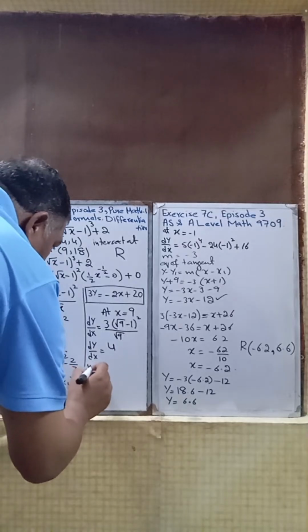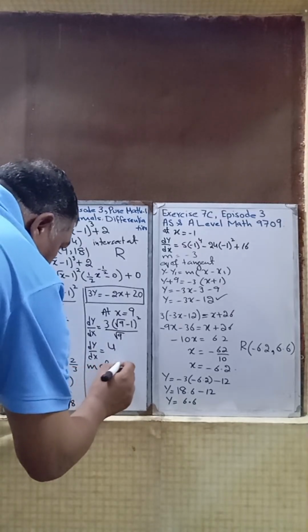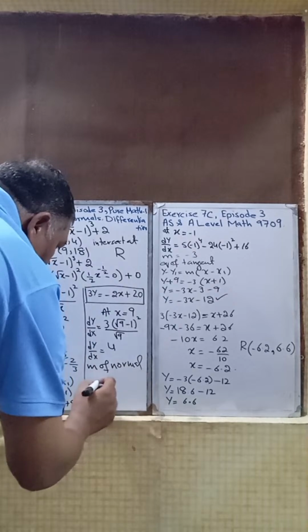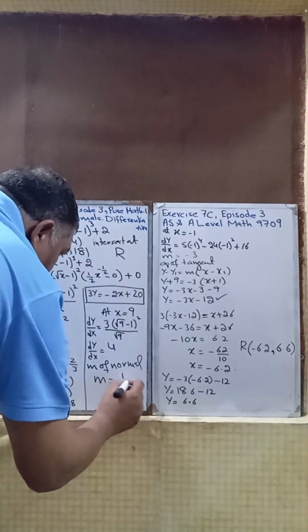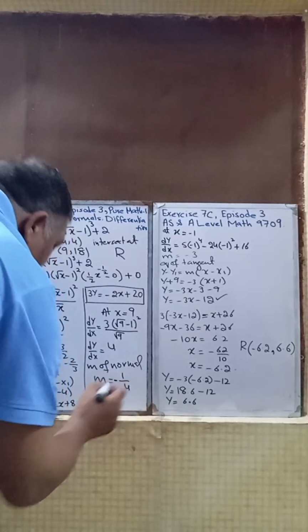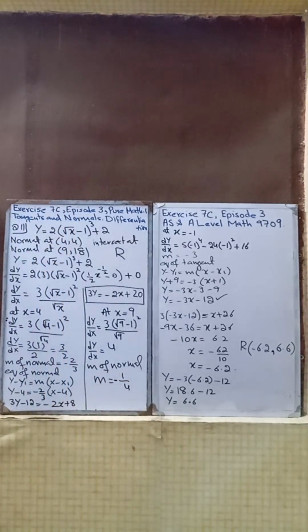So the gradient of the normal will be equal to 1 by 4, and you change its sign. We put a negative sign with it, okay? So the gradient of the normal at the point 9, 18 is minus 1 by 4, okay?